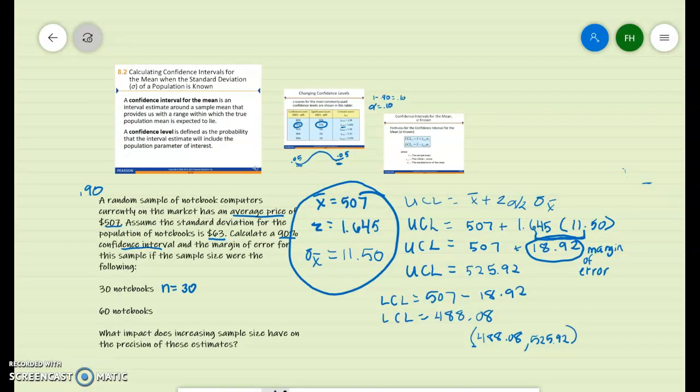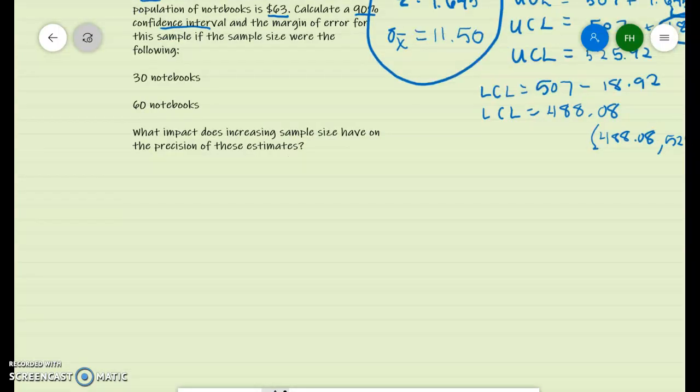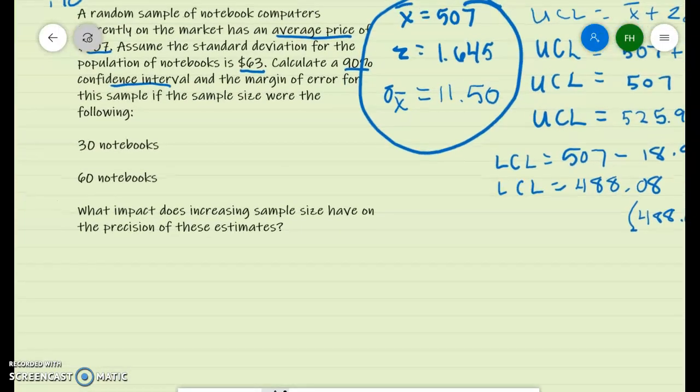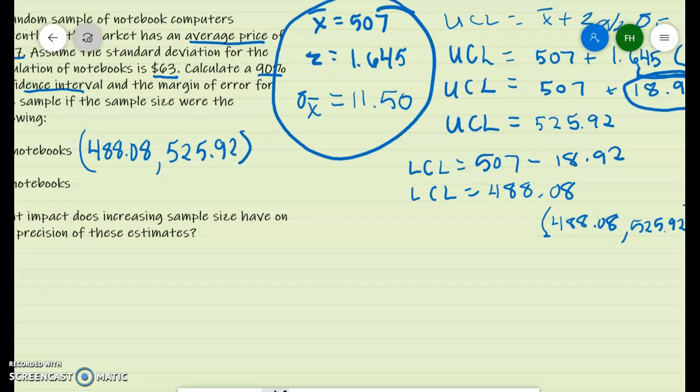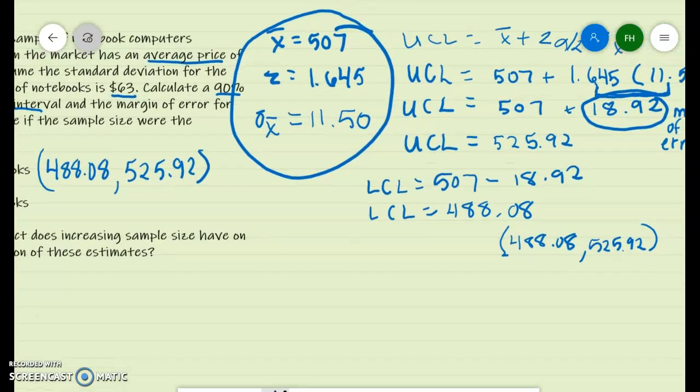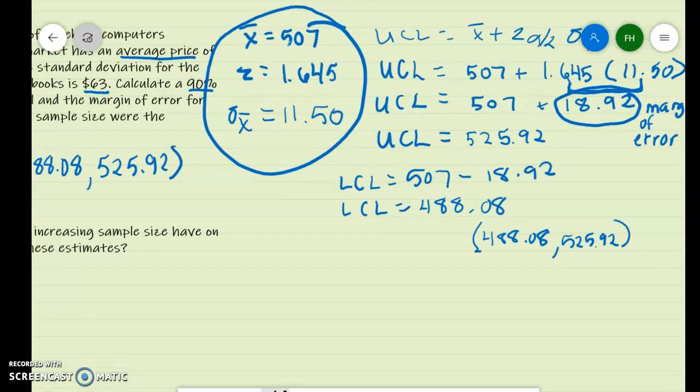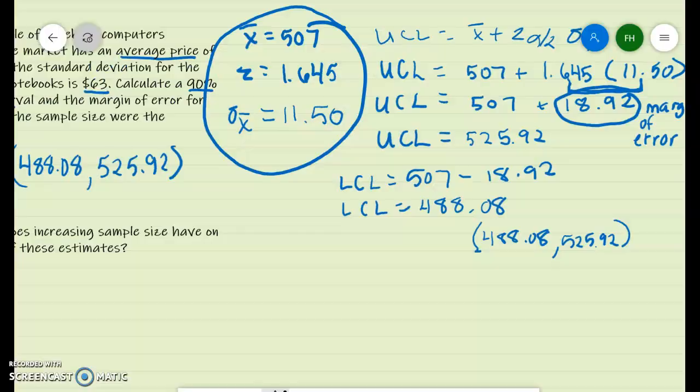So let's go back to our question here. They want the confidence interval, so we can go ahead and answer our confidence interval for 30 notebooks. We got 488.08 all the way to 525.92. But the second part of the question wants to know the margin of error, and we got 18.92.